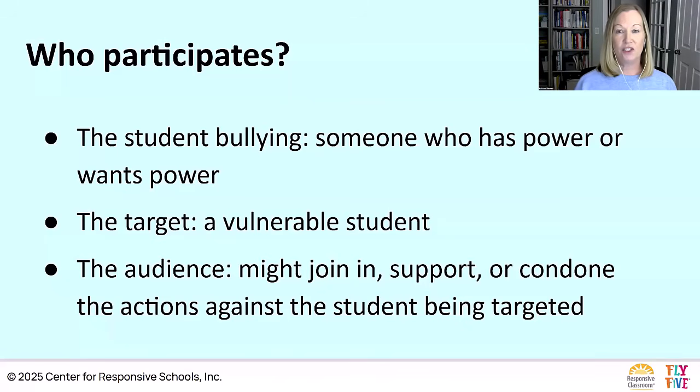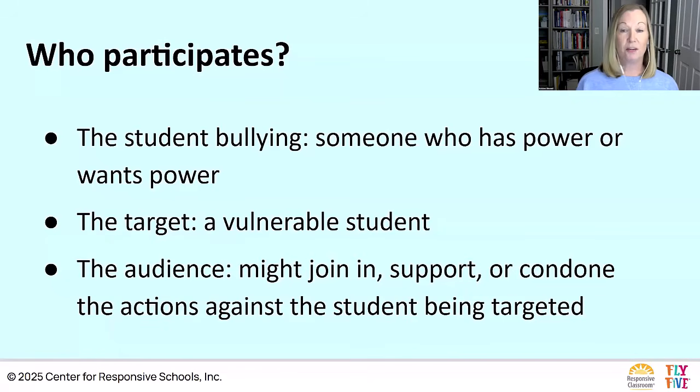However, recent studies show that children who bully can even be the popular students with high self-esteem. So other studies show that students who engage in bullying behavior fall in the middle of the social hierarchy, and they may use bullying as a way to achieve a higher status. But it's always someone who has power or wants power. That is the main characteristic of someone who is participating in bullying behavior.